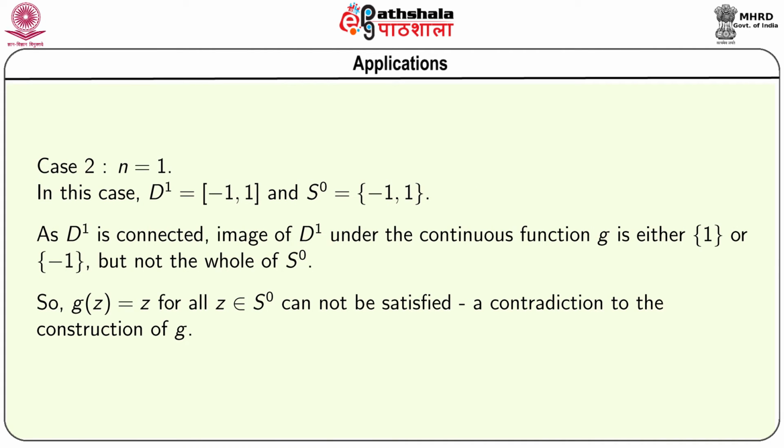Now, let us take the case when n is equal to 1. For proving this part, we do not need the technique of algebraic topology. Topological methods are sufficient to establish this. In this case, D1 stands for the closed interval [-1, 1], and S0 stands for its boundary, that is the set consisting of 2 points, minus 1 and 1. As D1 is connected, the image of D1 under any continuous function should be connected.